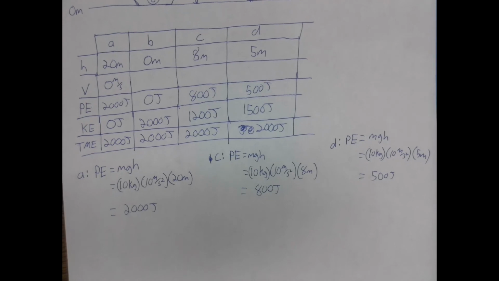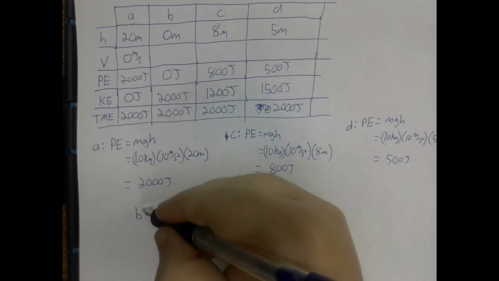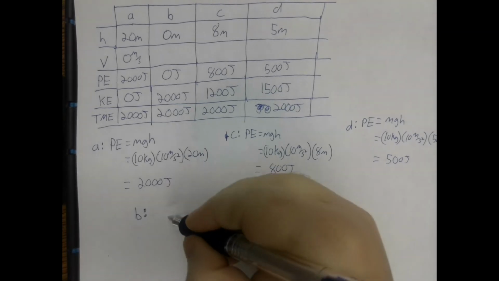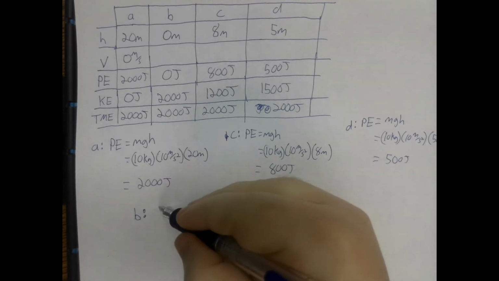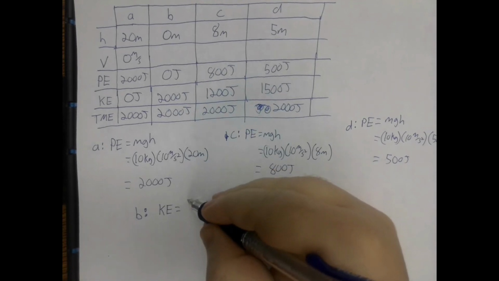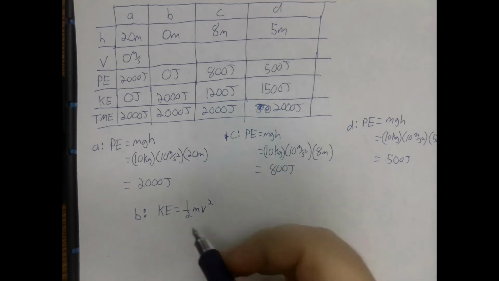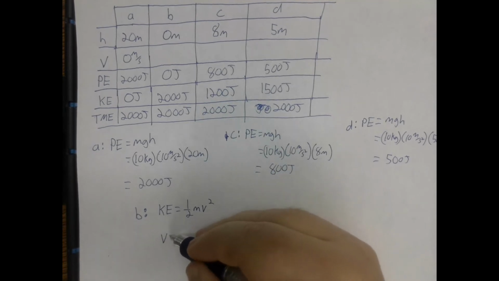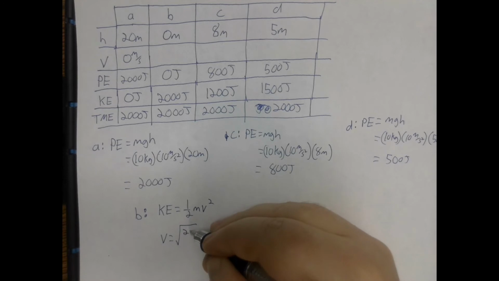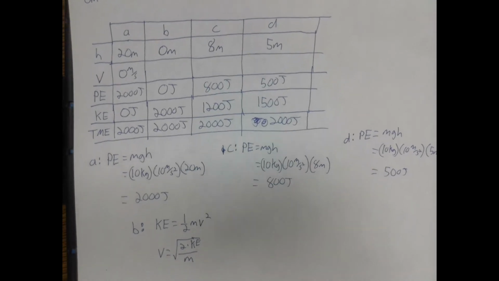Now let's go back and solve for all the velocities. For B, we know that kinetic energy is equal to 1/2 mass times velocity squared. Using that formula, velocity is equal to the square root of 2 times kinetic energy divided by mass. Look at this nice table.